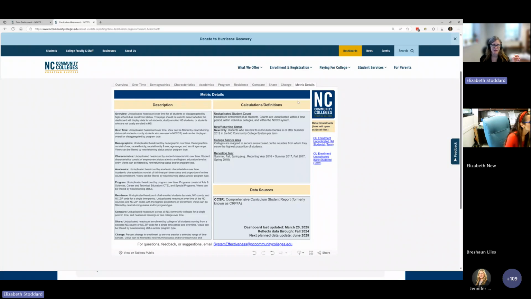What I always like to tell people here is that many of our dashboards, all of our enrollment dashboards, offer these data downloads. You can always find these on the metric details tab of the dashboard, and you can click this. It'll open as an Excel document, and it'll give you the aggregated data that's used to feed this dashboard in Excel format.